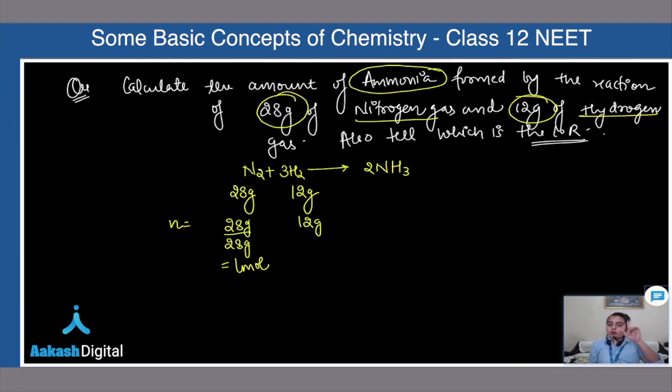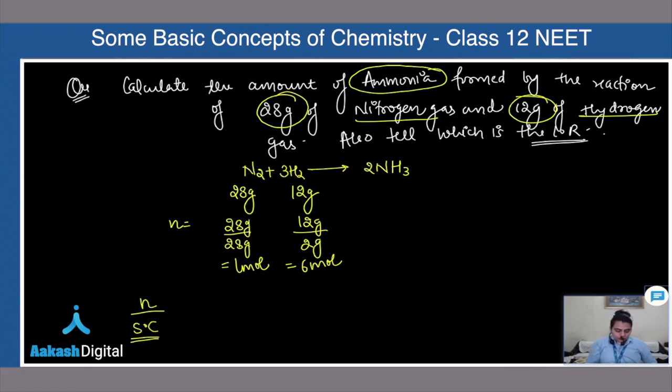Okay, now to find the limiting reagent, I can do one thing. Divide your number of moles by your stoichiometric coefficient. Clear? For nitrogen, my stoichiometric coefficient is 1 and my stoichiometric coefficient for hydrogen is 3.